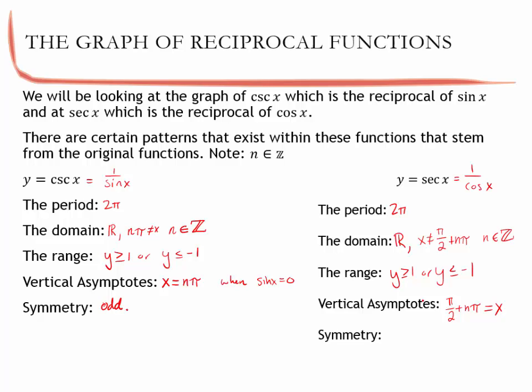And then we have symmetry. For this one, if you remember, cosine goes like this, and the symmetry is over the y-axis. If it's over the y-axis, that means it's an even function. This one goes in this direction, so it is also even.